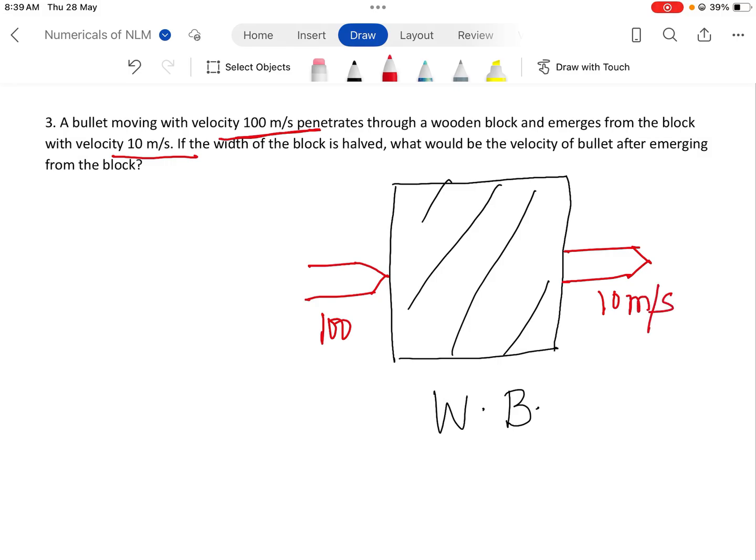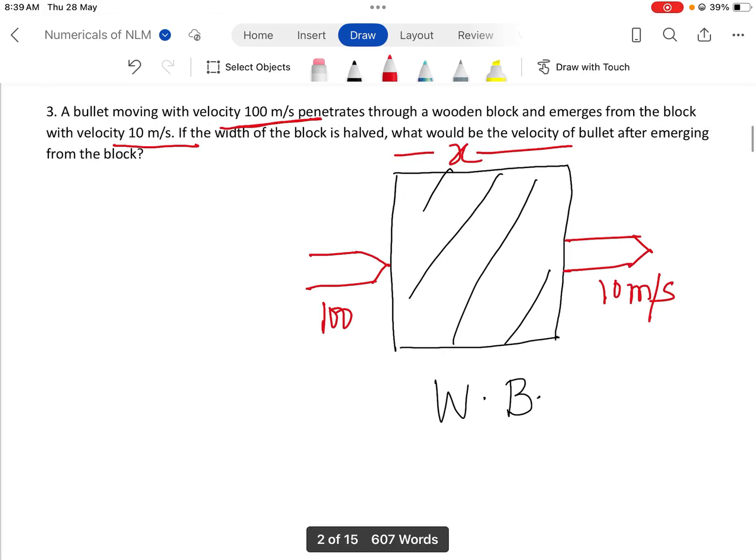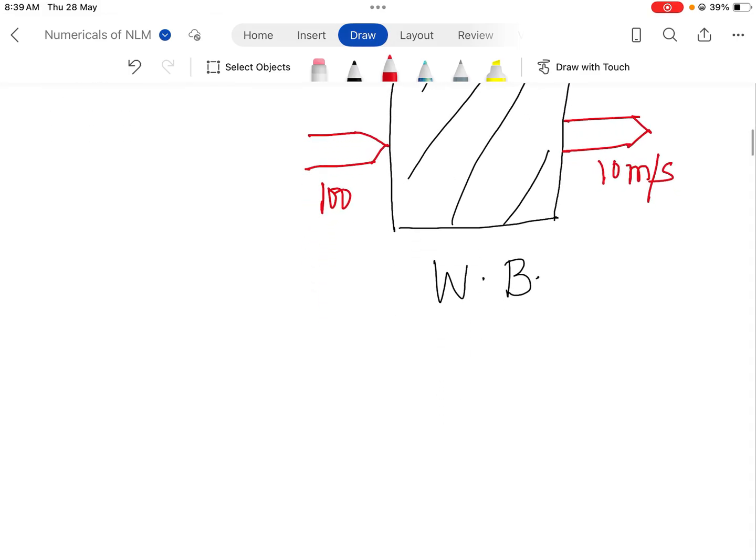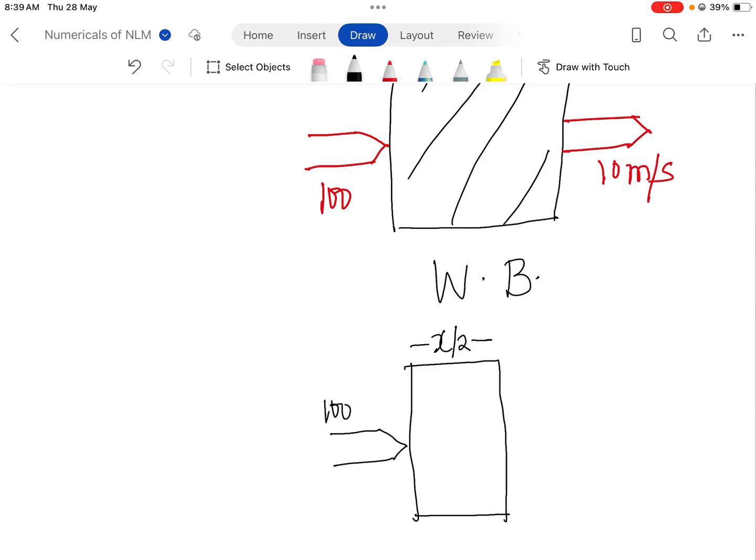If the width of the block is halved, suppose the width of the block at present is x, then what would be the velocity of the bullet after emerging from the block? मीन्स क्वेश्चन में कह रहे हैं कि अगर ब्लॉक की विड्थ को हम हाफ कर दें, मतलब x की जगह x/2 हो जाए, और बुलेट is striking with same velocity 100.